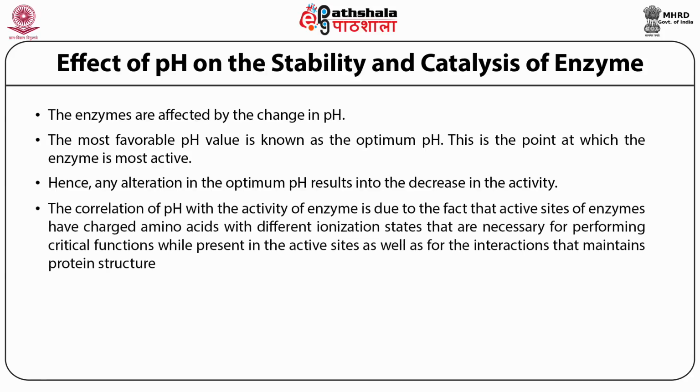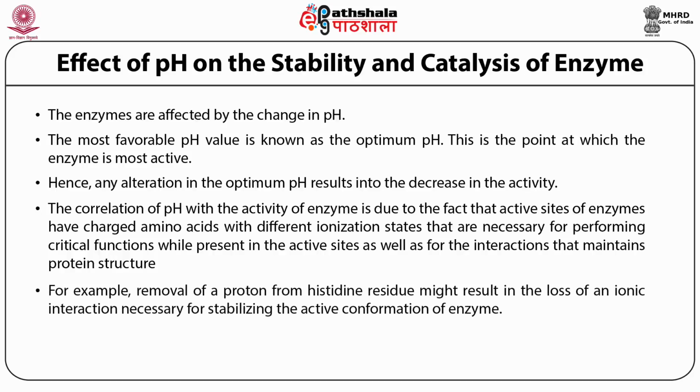The correlation of pH with the activity of the enzyme is due to the fact that the active site of the enzyme has charged amino acids with different ionization states that are necessary for performing critical functions, which are important for its interaction with substrate.